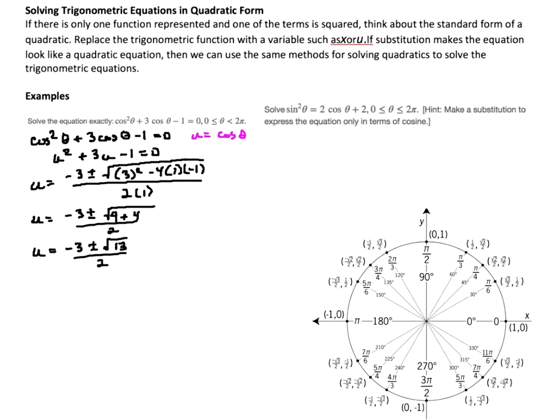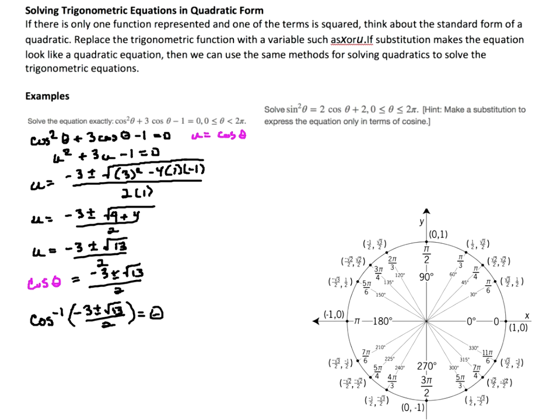Since U is equal to this thing, we now know that the cosine of theta is equal to -3 plus or minus the square root of 13 over 2, which means the arc cosine of -3 plus or minus the square root of 13 over 2 is going to equal theta for me.